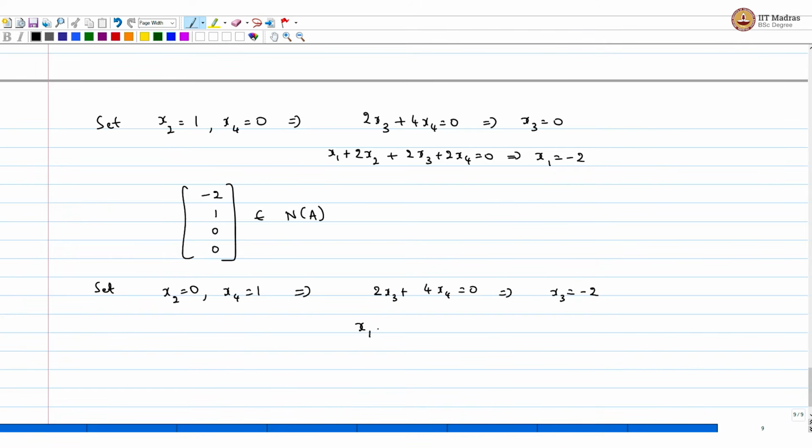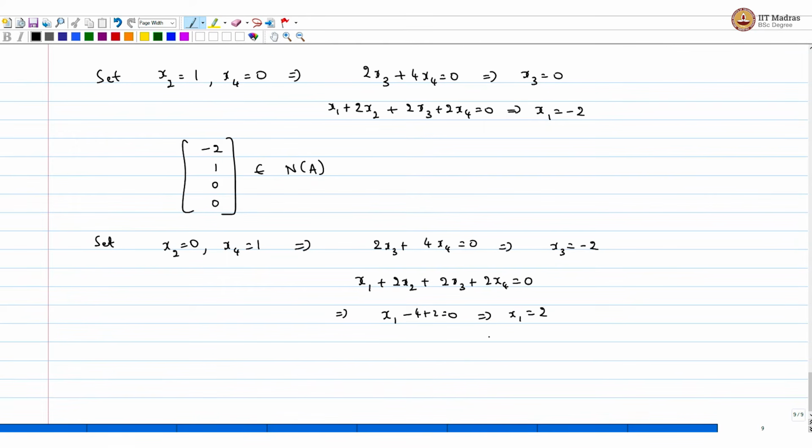Then x1 plus 2x2 plus 2x3 plus 2x4 equals 0 implies x1 minus 4 plus 2 equals 0, which is the same as x1 equals 2. That gives us the second entry.